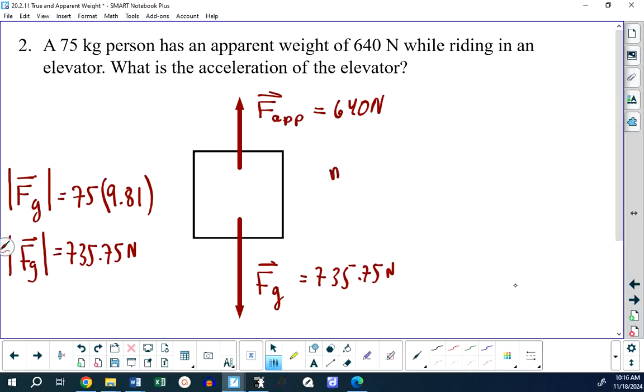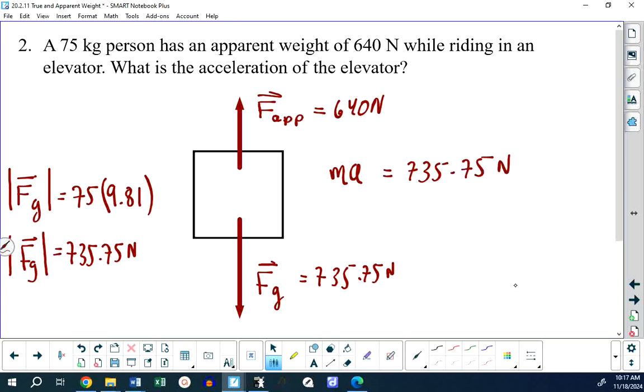It'll be MA equals, so normally what I would do here is write MA equals mg minus apparent weight, but we already have those numbers. We already know what mg is. It's 735.75 newtons. Yeah, I never asked. Did anybody else get that number?